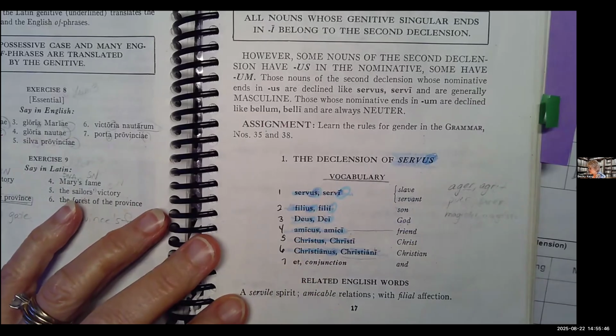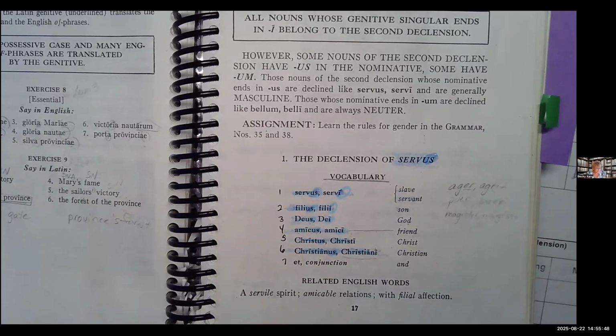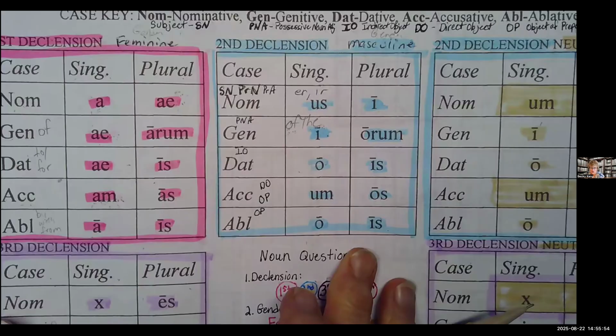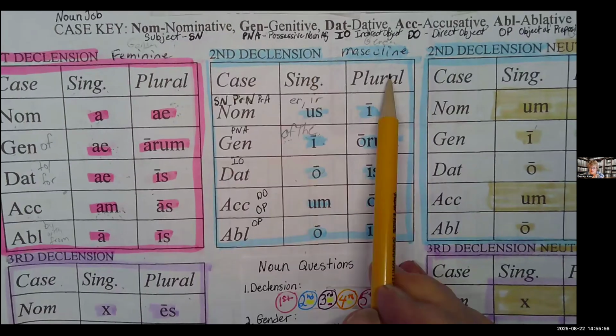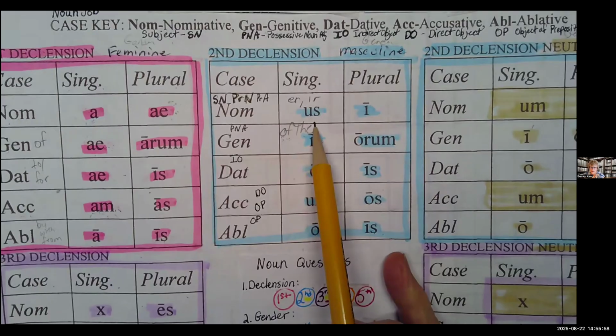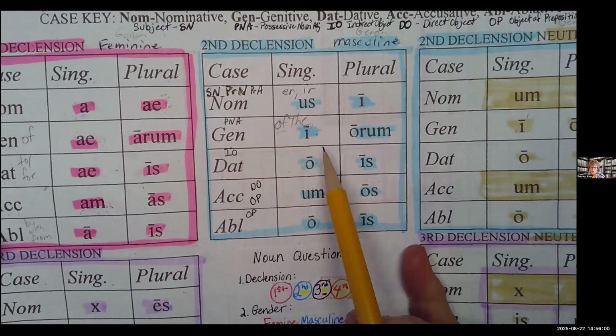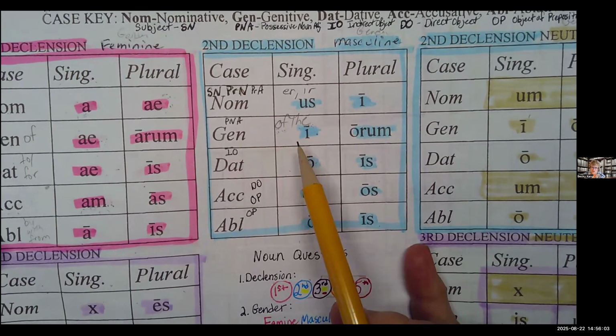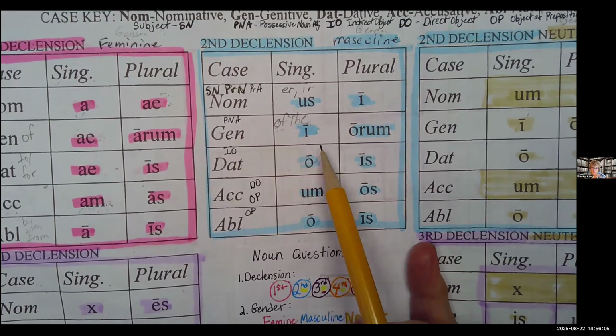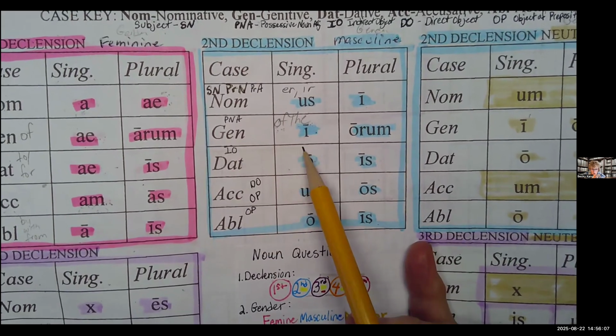You know they're nouns, and you always know what declension something is because of the ending. Here's my noun sheet that I have, and second declension is masculine in gender, and its genitive is always an I. Genitives are always the indicator of what declension a noun belongs to.